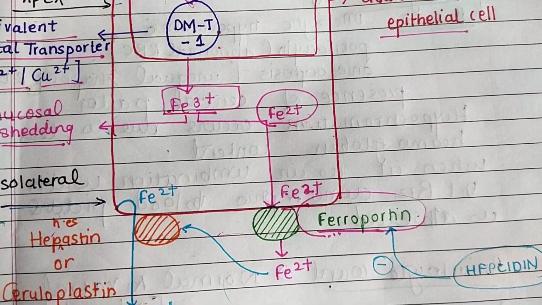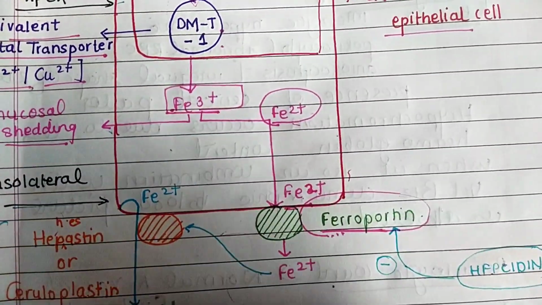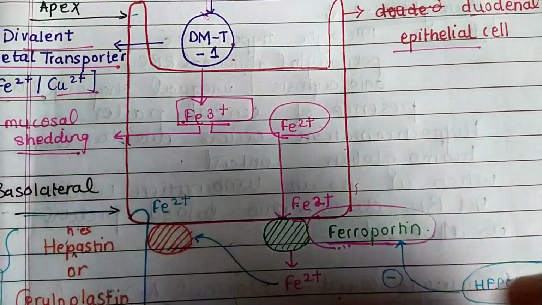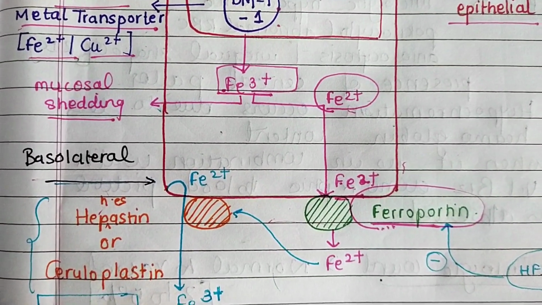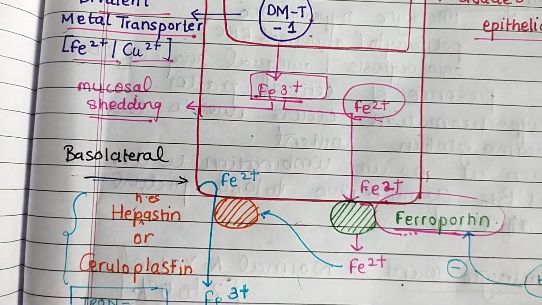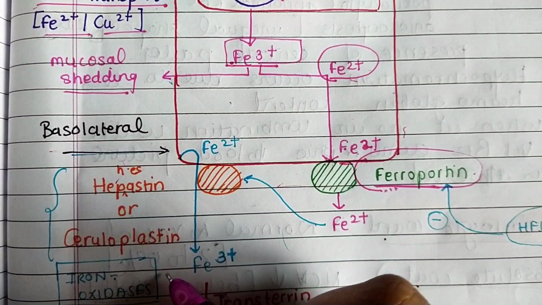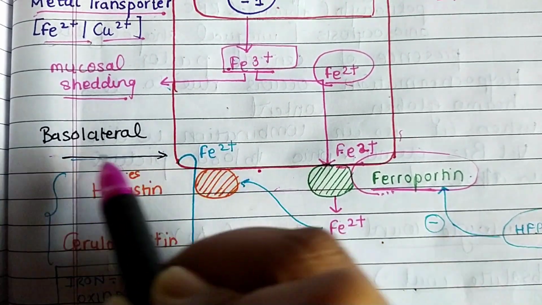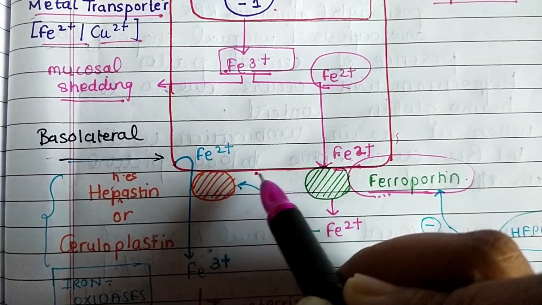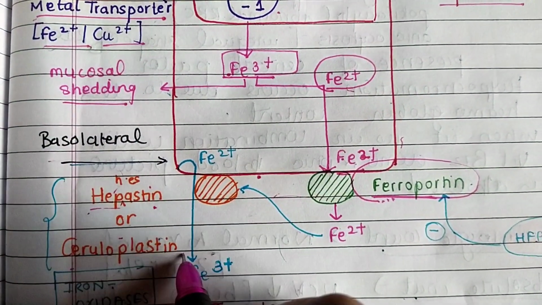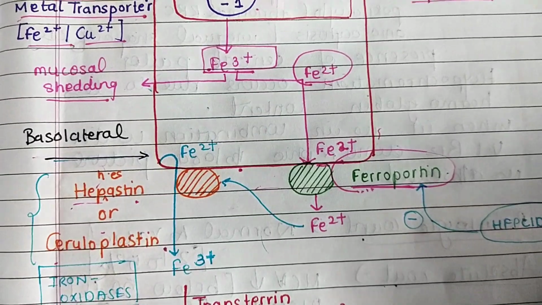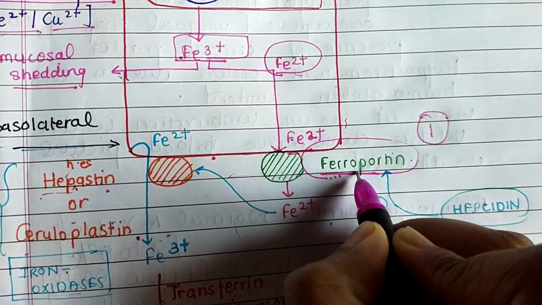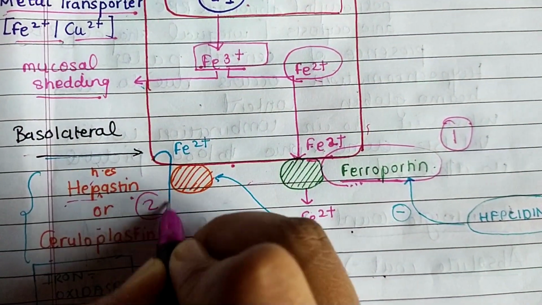This ferroportin transfers this ferrous iron to another protein on the basolateral part of the duodenal epithelial cell, that is the hepcidin or the ceruloplasmin. So what are the two proteins present for iron absorption? First is the ferroportin and second is the hepcidin.